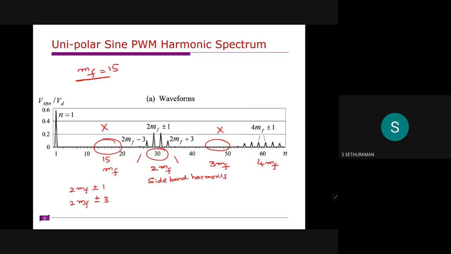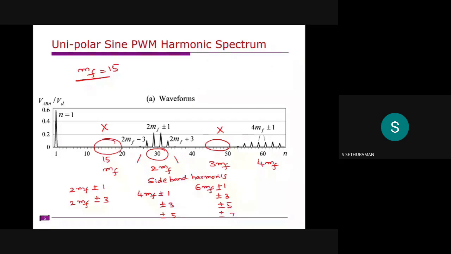And you have 4 MF plus or minus 1, plus or minus 3, plus or minus 5. Similarly, 6 MF plus or minus 1, plus or minus 3, plus or minus 5, and plus or minus 7. So likewise. Completely, these harmonics, that is, odd multiples of MF, are eliminated.